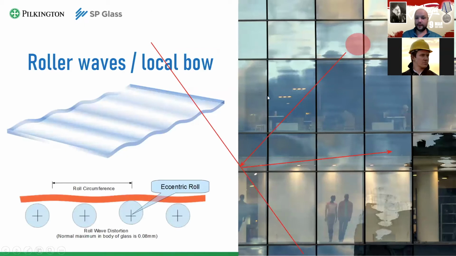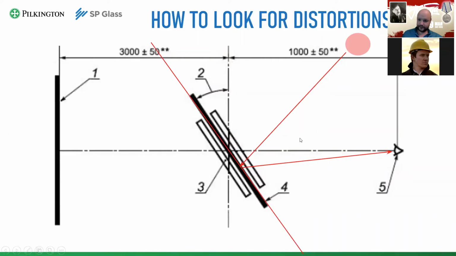You are seeing these distortions from outside of the building, like here. But the standard states that if you are looking for distortions, you should view them not in the reflected light, but in transmitted light.